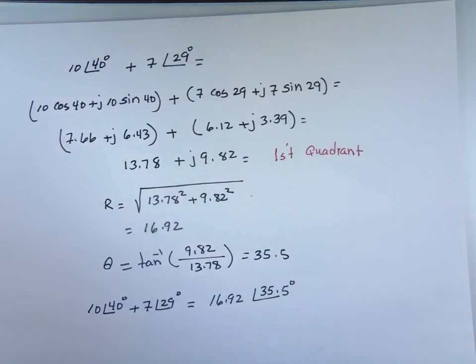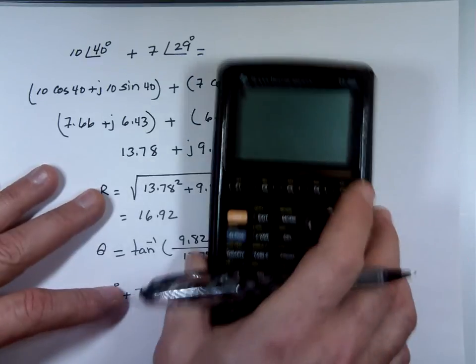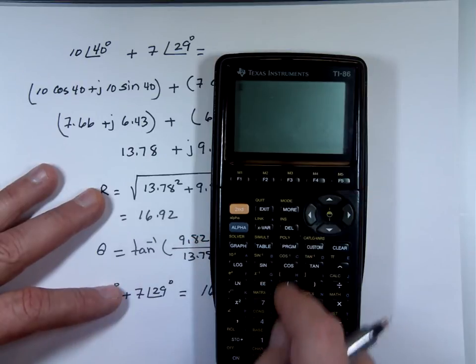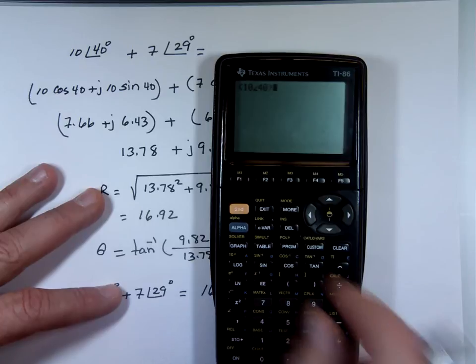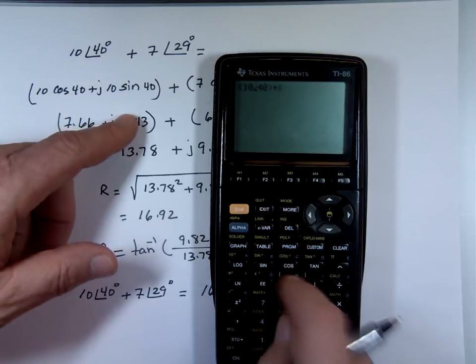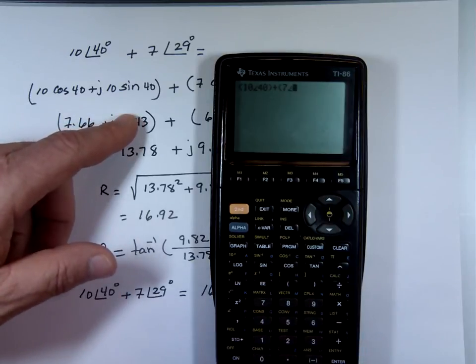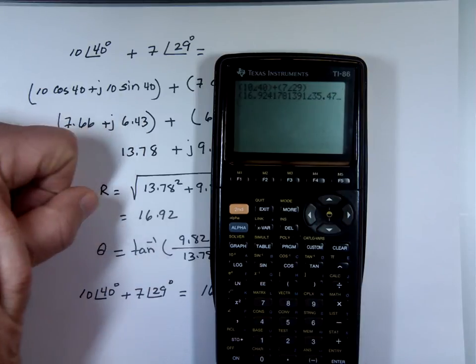That's a full page. But again, if you have one of those calculators, you go, okay, I don't have to do all this. 10 angle 40. After today, I'm not doing this by hand. I can tell you that 7 angle 29. I type them and go enter. 16.92. Is that what we got?